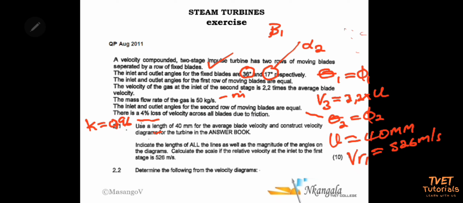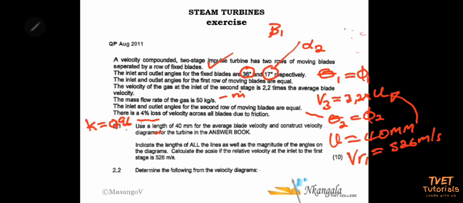So now you can see that a U is given, it means that we can calculate V3. So in order to get V3, we will take U of 40, we multiply it by 2.2, then we'll get 88 millimeters. So our V3 is a known, is given.